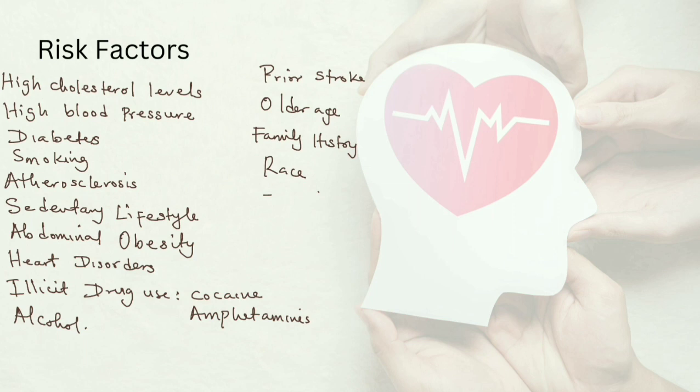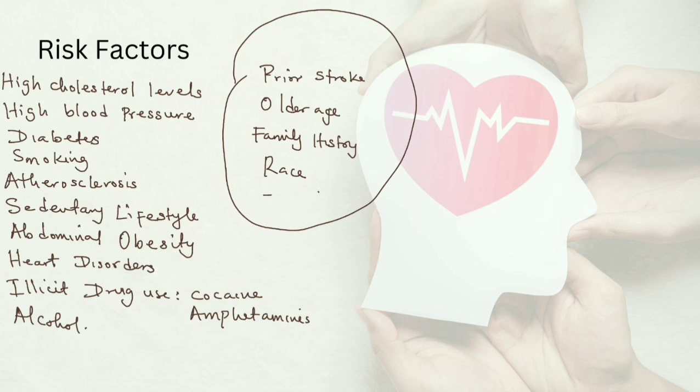Most of them have actually been linked to the use of illicit drugs, cocaine, amphetamines, and all sorts. Then some other important risk factors are a prior history of stroke, older age, that's age greater than 65, family history, then race, commoner in blacks.